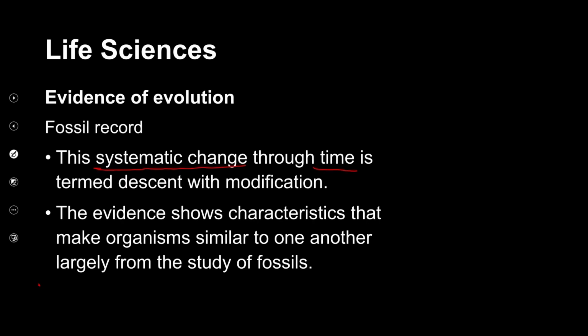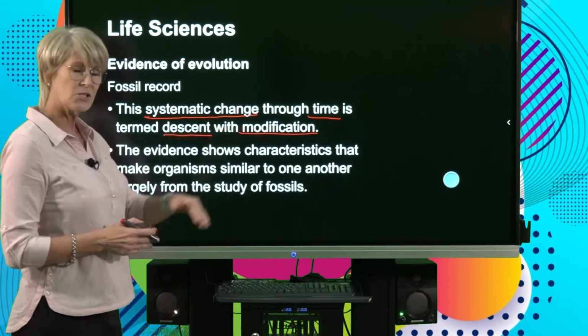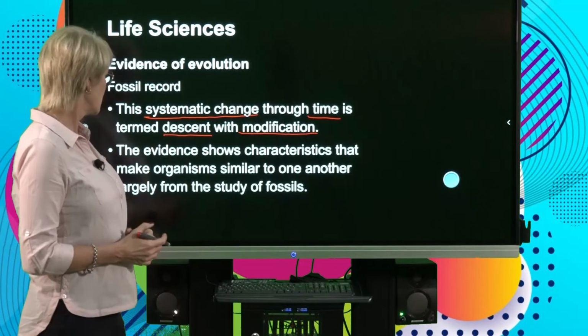It's a systematic change through time and is termed descent, which we said is when you descend from something else, with modification. When we look at the fossil record, we can see there are changes in the body structure of organisms. And that modification, we mentioned earlier, was due to genetic changes.